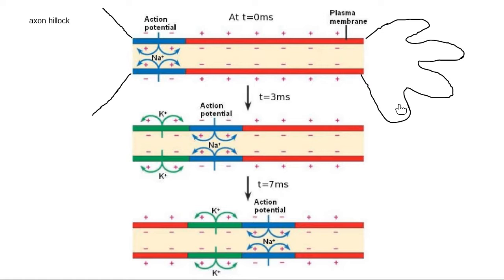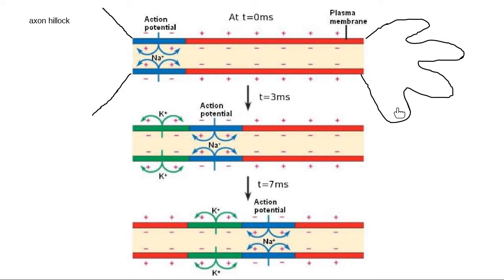Yeah, so voltage-gated potassium channels, their goal is to repolarize the membrane. If I depolarize my membrane down here, I still want to repolarize it. I still want to get it back to normal, because even though this is the place where I spit out neurotransmitters, I don't want to leave this place positive 30 either.